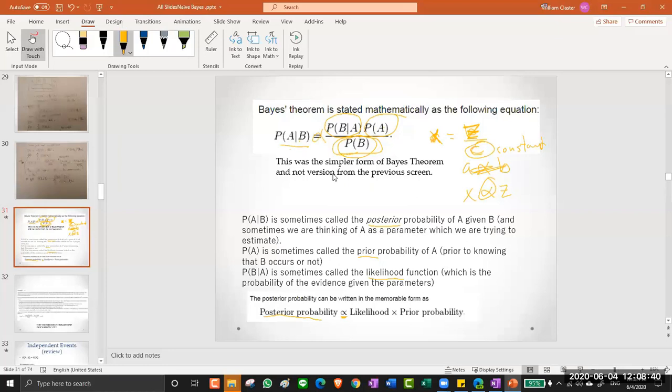Okay, now why do they call this the prior? And why do they call this the posterior? What does the word post mean? Anybody know? You know AM and PM? After.